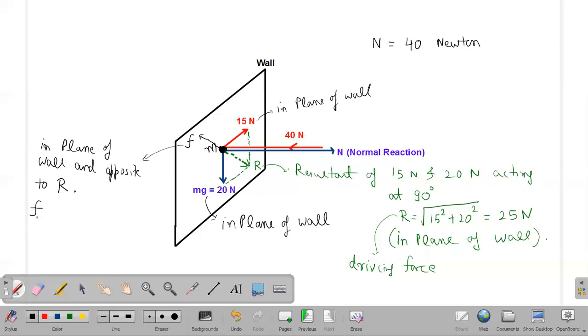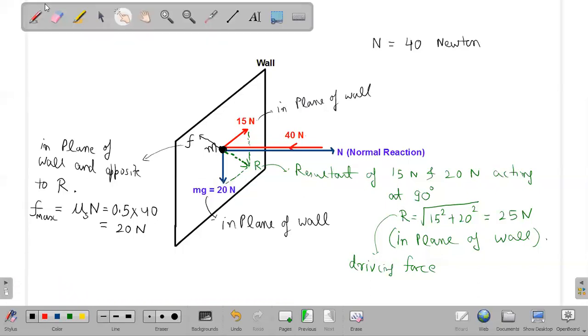Now I will check the maximum possible value of friction force. The maximum possible value of the friction force is the coefficient of static friction multiplied by normal, which in this question is 0.5, and the normal reaction is 40, and that means 0.5 into 40 becomes 20 Newton. So the maximum, limiting friction is 20 Newton, whereas the driving force is 25 Newton.